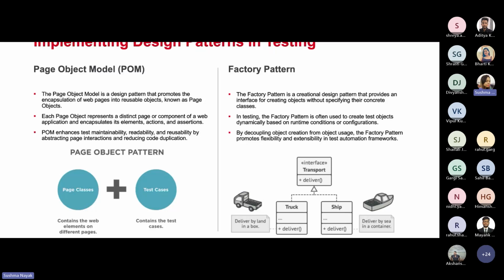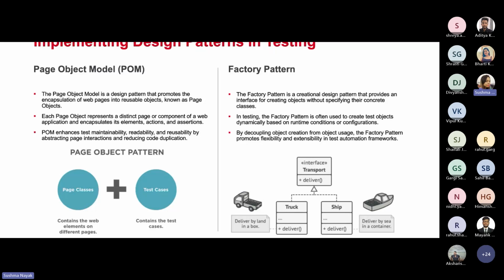So what is the purpose of using it? It creates an abstraction between the test automation code and the UI elements. It also encapsulates the functionality and the interaction of individual web pages within separate page object classes. I've already given you the example of the login in the previous slide. So yes, this is the purpose.